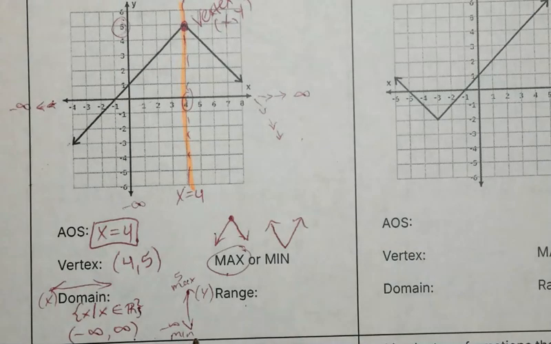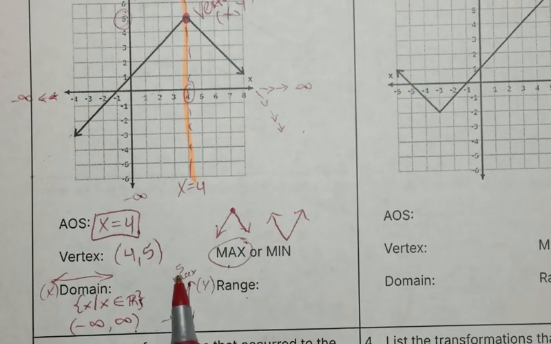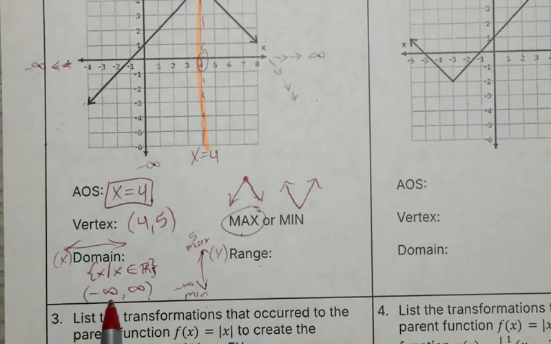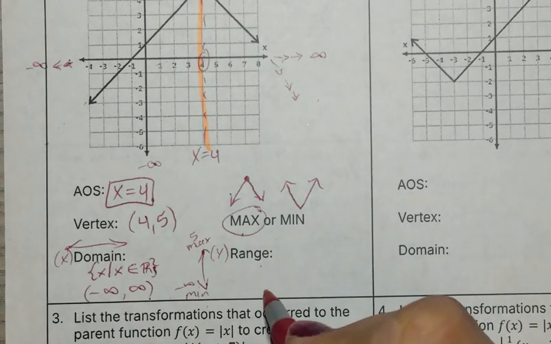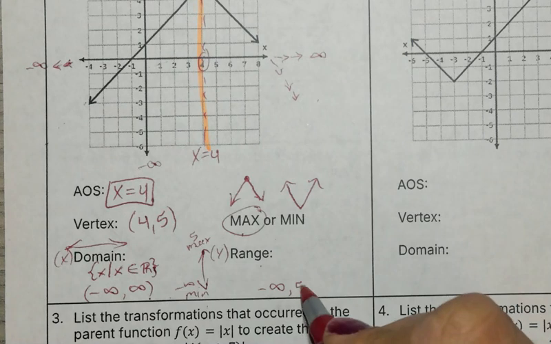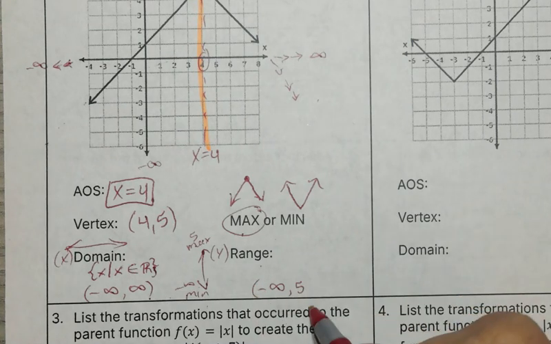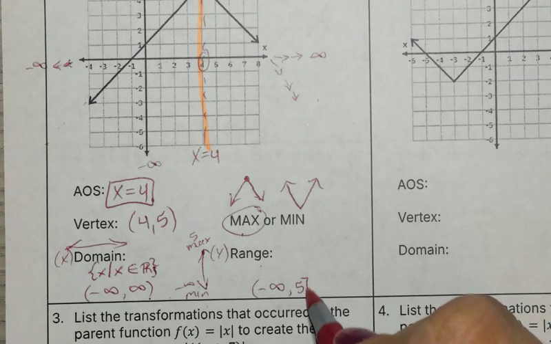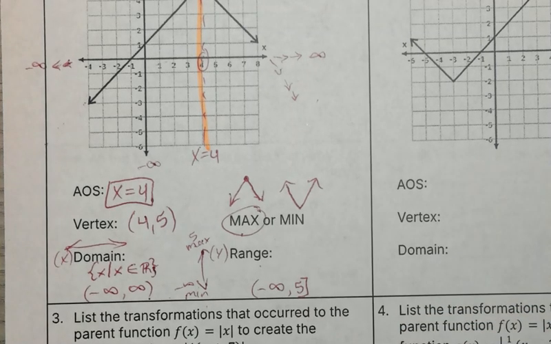So because your minimum is negative infinity and your maximum is 5, we can write interval notation with a minimum of negative infinity and a maximum of 5. We put a parenthesis around the infinity sign and then a bracket around the 5.